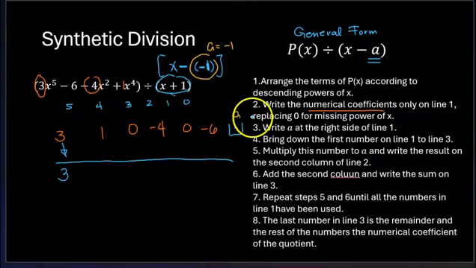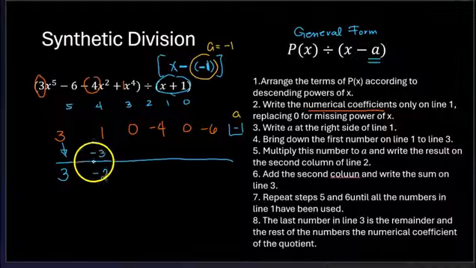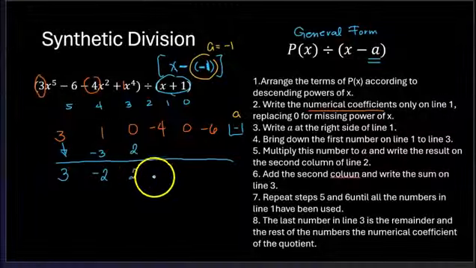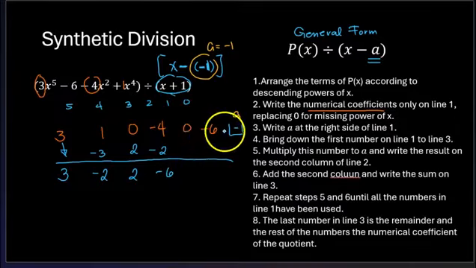So 3 times negative 1 is negative 3. So when you add this, you get negative 2. Okay, so that's the sum goes to line 3. And then we repeat. Negative 2 times negative 1, positive 2, add. Okay, then multiply again. Negative 2, add. Okay, negative 6, multiply, positive 6, add.